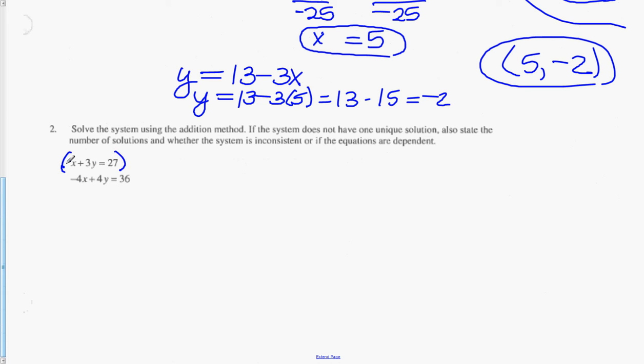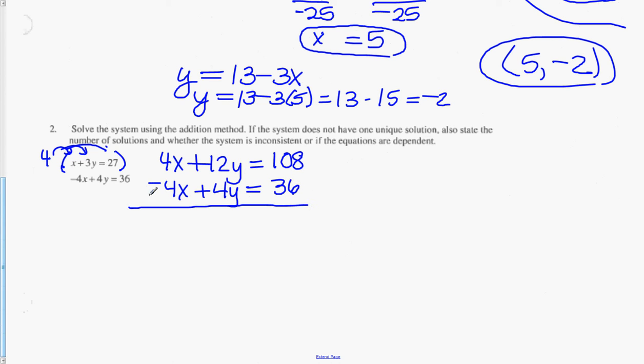Well, I can make it be a 4x, but I have to change every term in that equation. So I have to multiply them all by 4. So that's going to give me 4x plus 12y equals 4 times 27 is going to give me 108. And then I'm going to rewrite the other one underneath it. -4x plus 4y equals positive 36.